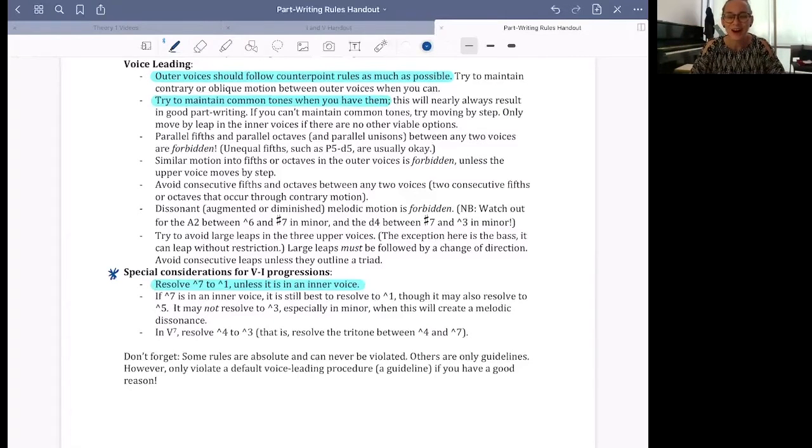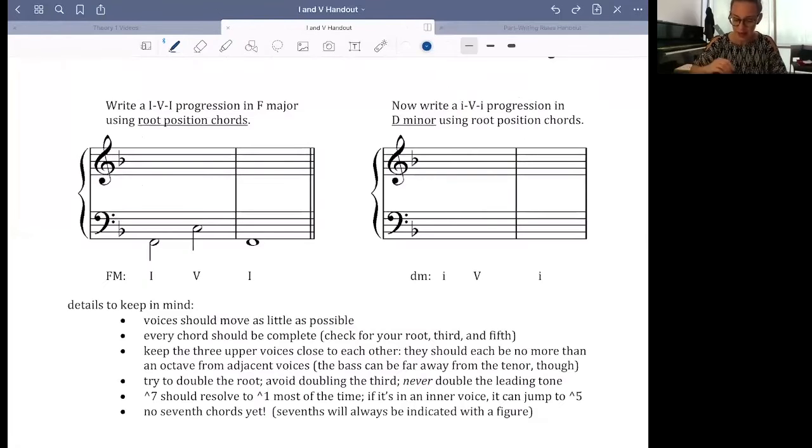Okay, so you've got all the rules in front of you. They are way more applicable when you actually try and put your pencil to a piece of paper and make some stuff happen. So let's go back to the 1 and 5 handout, and we are going to build some triads. I am going to walk you through, and for some of you this might be obnoxiously slow, a step-by-step process for building these triads and making the chord progression.